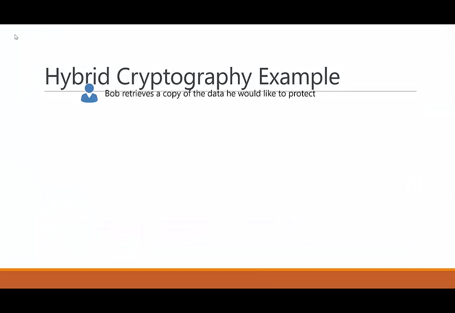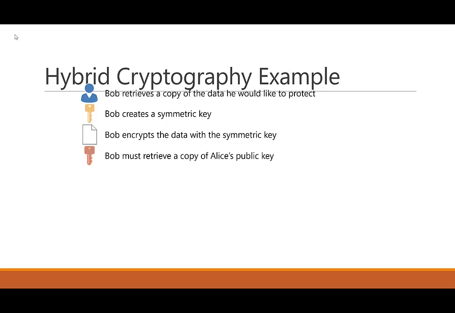So here's an example of hybrid cryptography. Bob retrieves a copy of the data he would like to protect. Bob creates a symmetric key. Again, this is the same key that's going to be used for encryption and decryption. Bob encrypts the data with that same symmetric key that he just created.